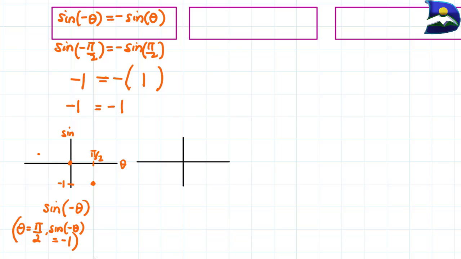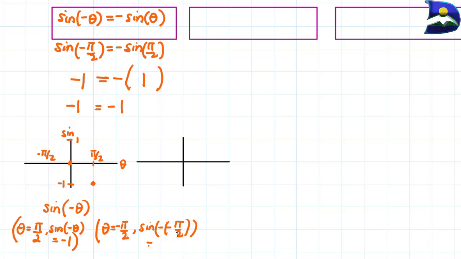And we're going to look at the other part where negative pi over 2 is going to be introduced for our theta in this particular expression. That means what? It means that we are going to be looking at where theta is equal to negative pi over 2, our sine of negative negative pi over 2 turns these two negative signs to be positive, and that gives us our sine pi over 2, which is equal to 1, which is right over here.